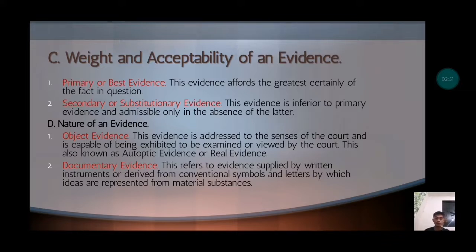And number 4 is positive evidence. This evidence exists if the witness affirms that a fact did or did not occur. It is entitled to greater weight since the witness represents his personal knowledge about the presence or absence of a fact.